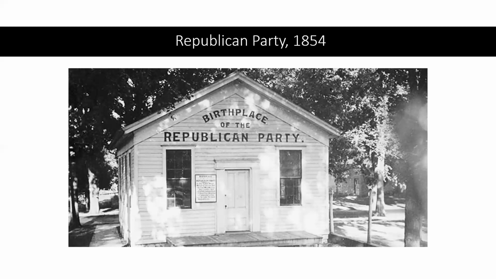The Free Soil movement began in 1846 when others supported Congressman David Wilmot's proposal of banning slavery in any territory that might be acquired from Mexico in the future. The new Republican Party clearly favored Northern thinking, but its political influence was initially modest.